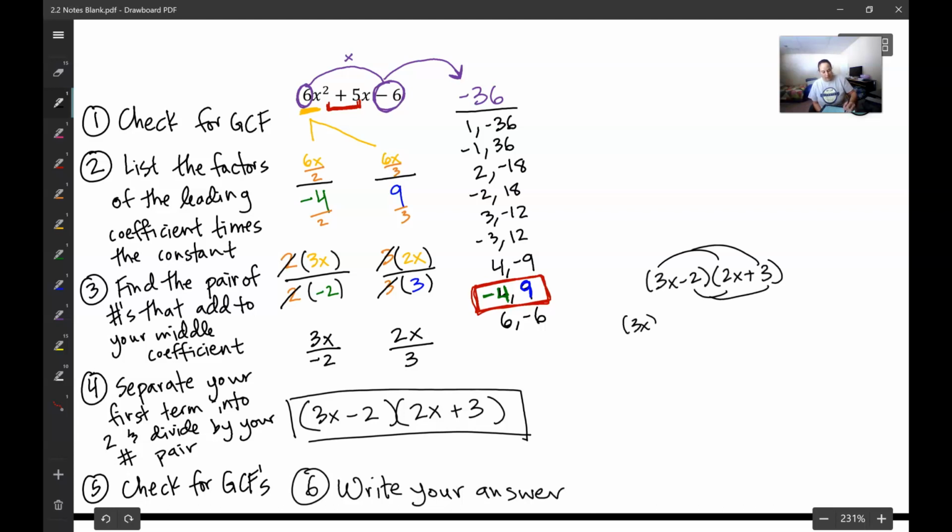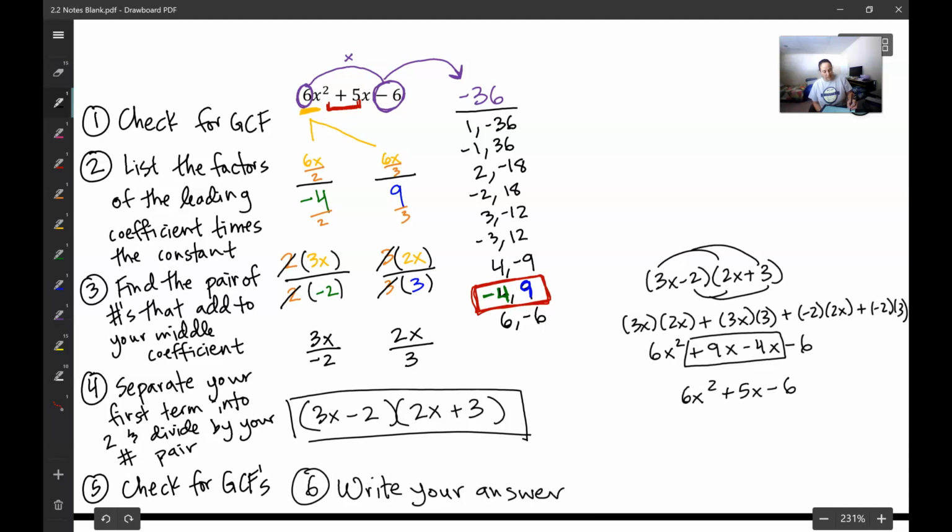So I have 3x times 2x plus 3x times 3 plus negative 2 times 2x plus negative 2 times 3. So I simplify these, I get 6x squared plus 9x minus 4x minus 6. Combine my like terms, 6x squared plus 5x minus 6. And ta-da! What I have there is what I started with there. So there's my check step. When I multiply these, I get that.